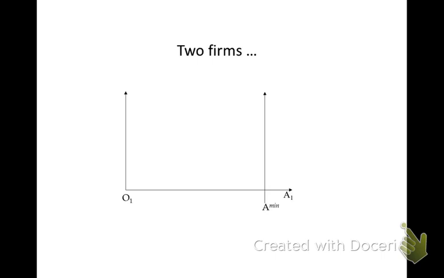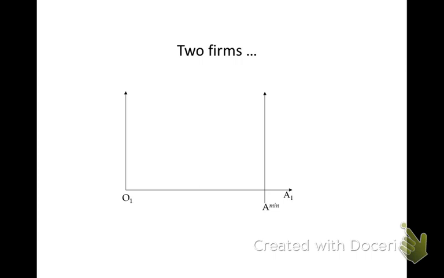In this case, if firm 1 abates at A min, this means that the firm will alone abate for getting the target. Is it okay? So we can imagine this picture, this as a constraint. The first firm will not abate more than this A min.